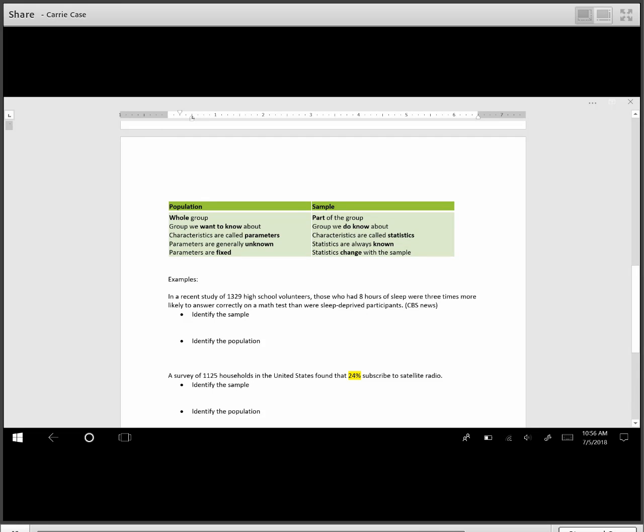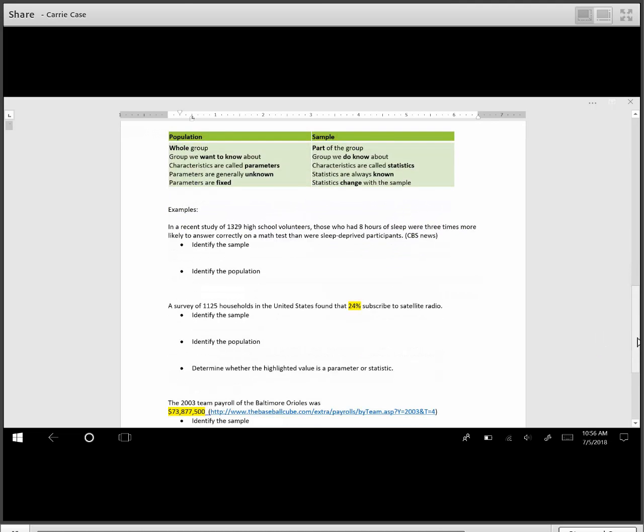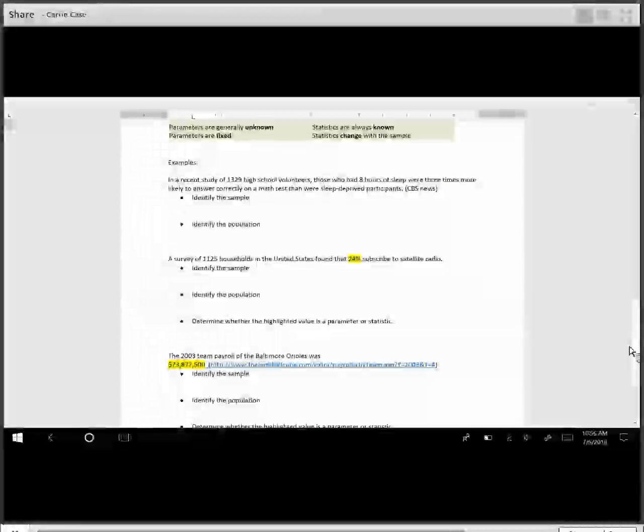So let's look at some examples of populations versus samples and parameters versus statistics. In a recent study of 1,329 high school volunteers, those who had 8 hours of sleep were 3 times more likely to answer correctly on a math test than were sleep-deprived participants. You're asked to identify the sample and identify the population.